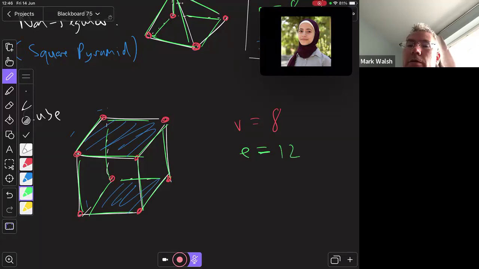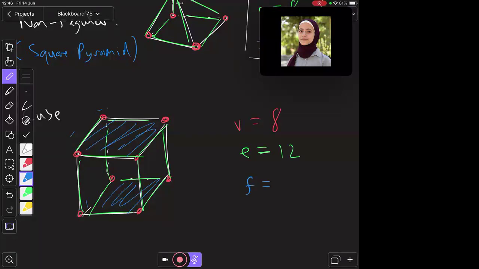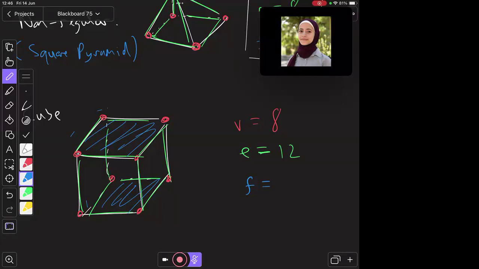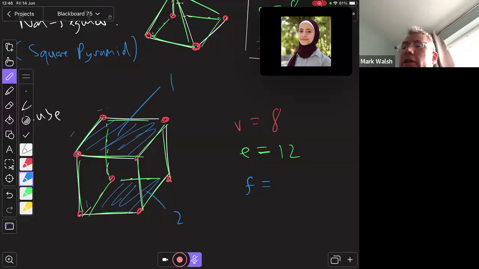Exactly. Well done. And then finally, faces. It's a cube, so we know this one. 8. Not 8, count them. 6. You've got 1 on the top, 1 on the bottom, and 4 around the side. 6, exactly. Great. Making sense?